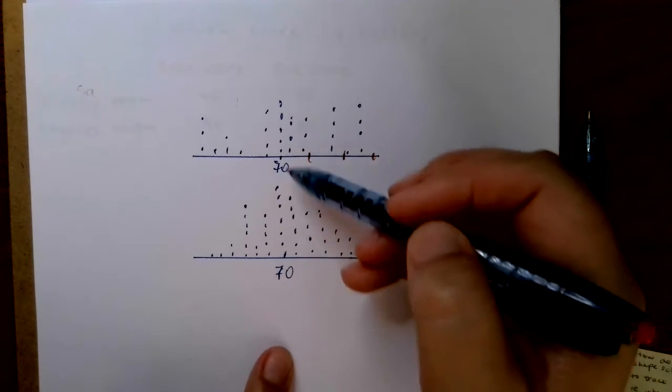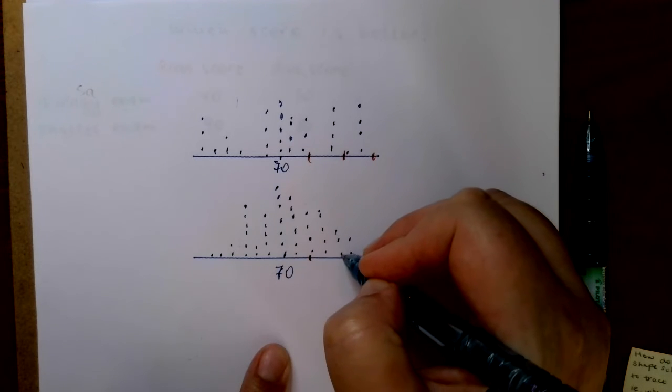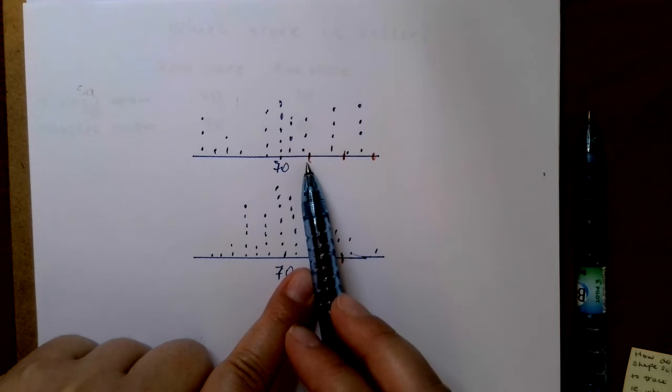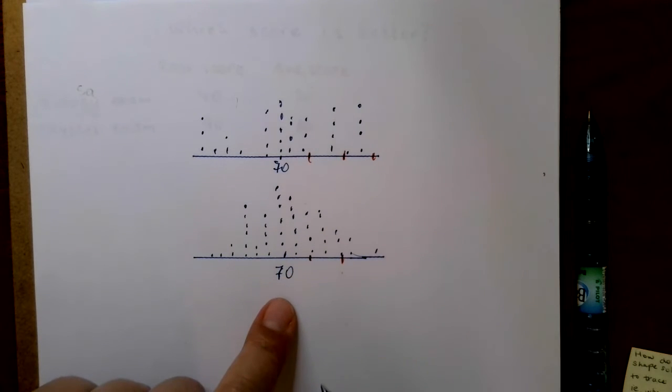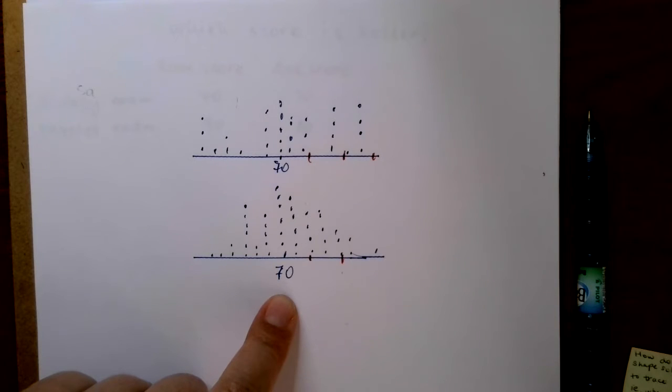Now, if I go two standard deviations away, it's even more. But what if for this distribution, do you see how one standard deviation, two standard deviations, they cut out different percentages?